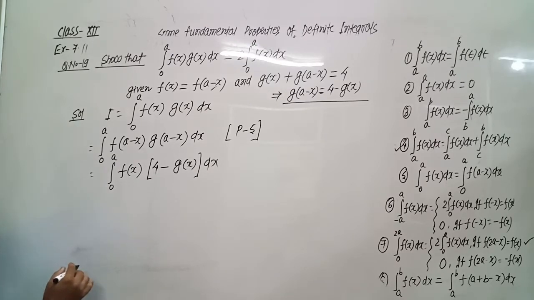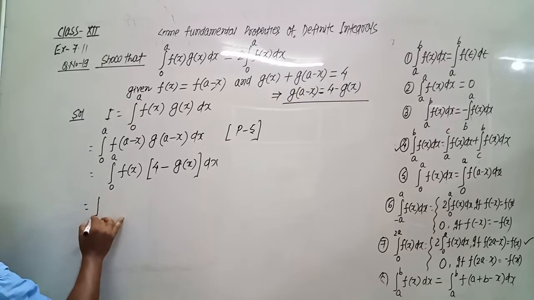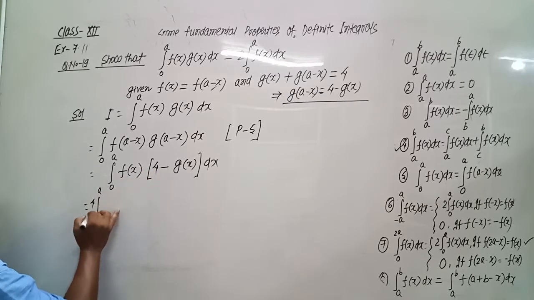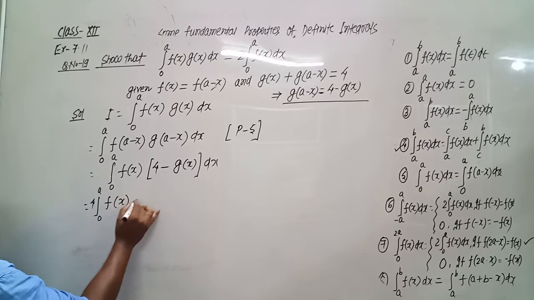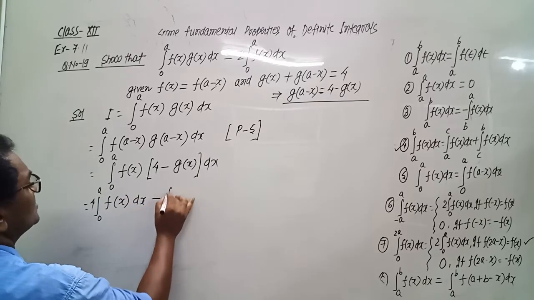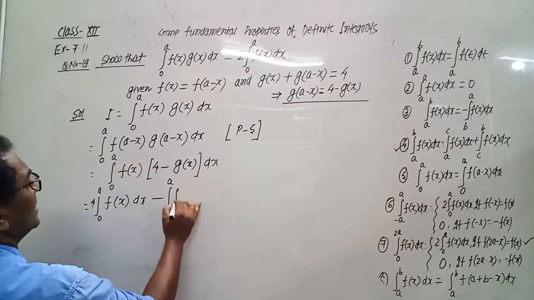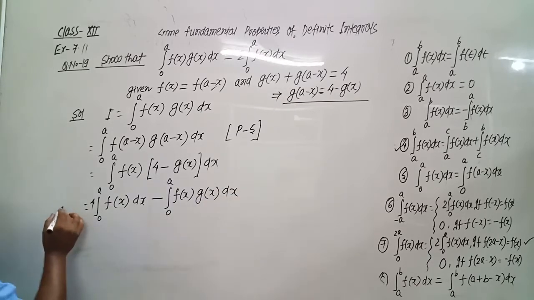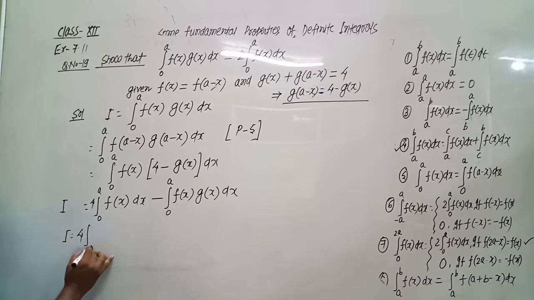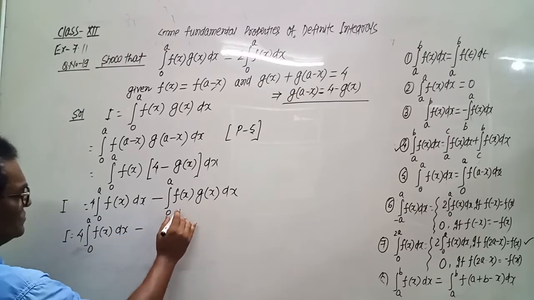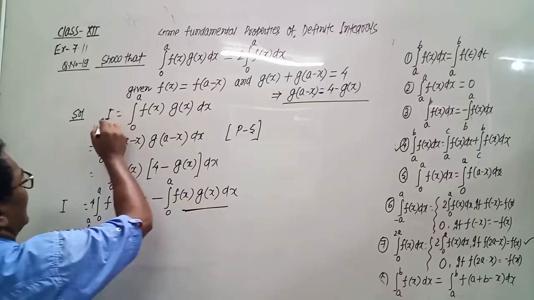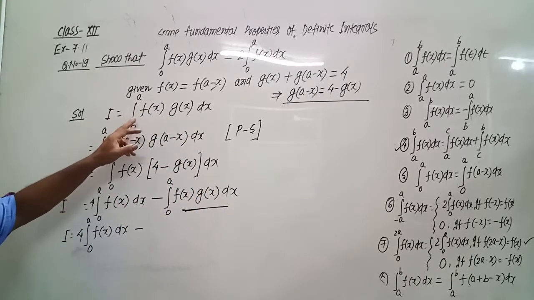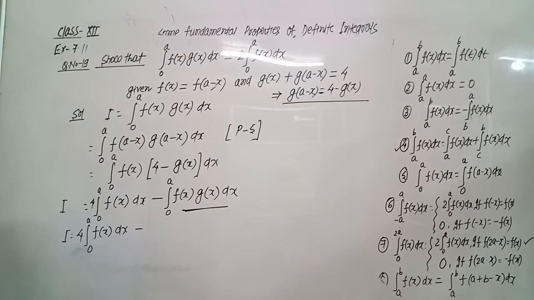Now we remove the bracket. So it becomes integration 0 to a, 4 is a constant taken outside, f(x) dx, minus integration 0 to a of f(x) into g(x) dx, and that is I. So I equals 4 times integration 0 to a of f(x) dx minus I, because I was equal to integration 0 to a of f(x) into g(x) dx.